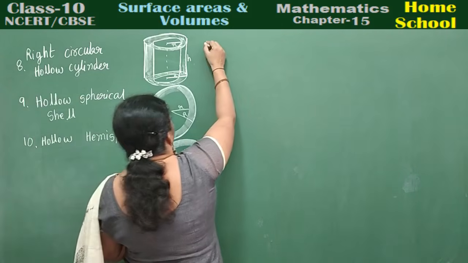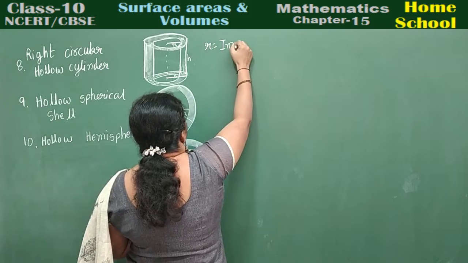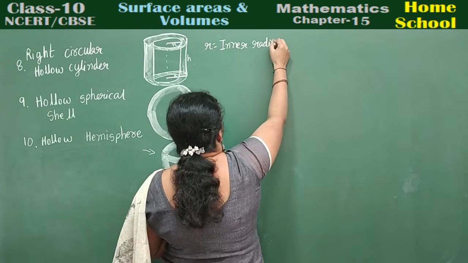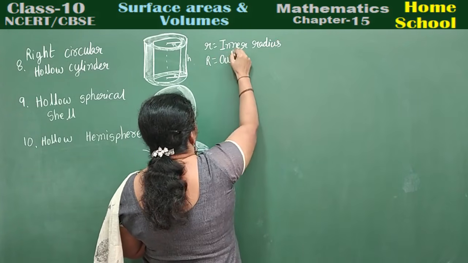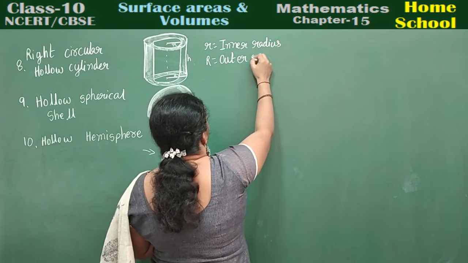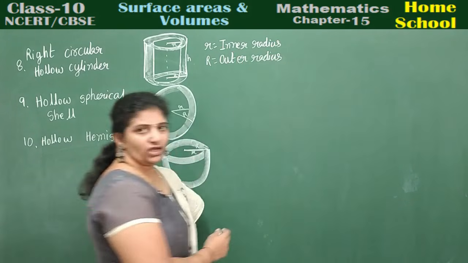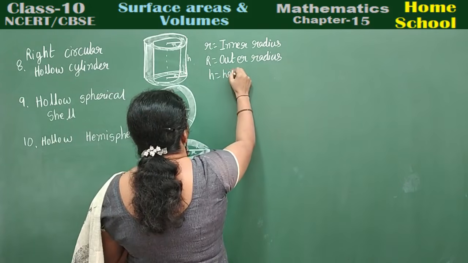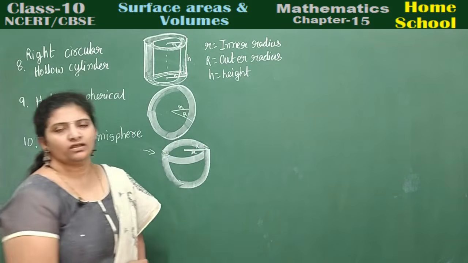You can write the dimensions as: small r is equal to the inner radius, and capital R is equal to the outer radius. Okay, and h is the height of the right circular hollow cylinder.